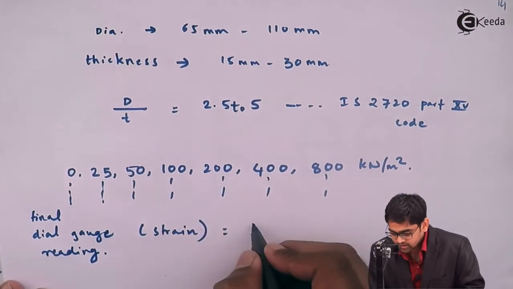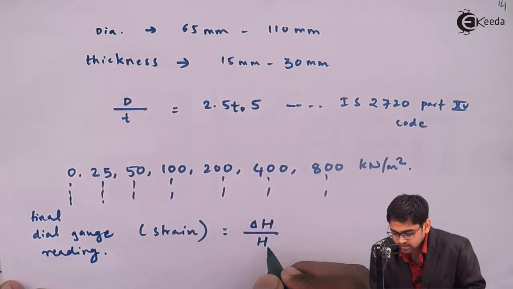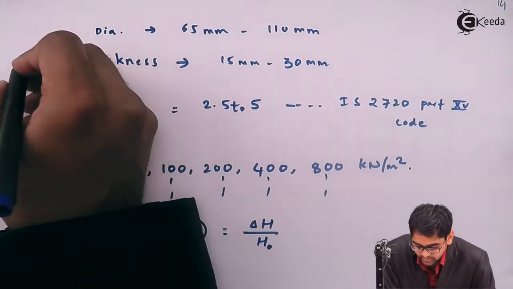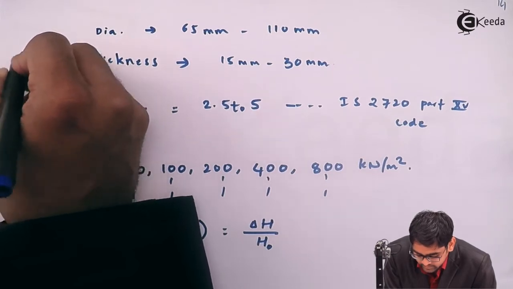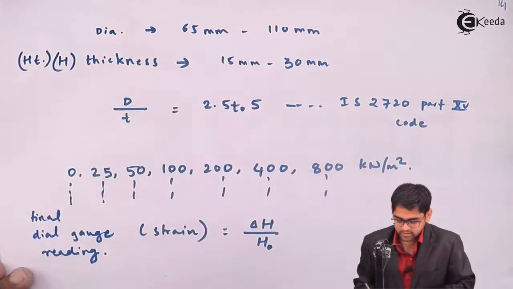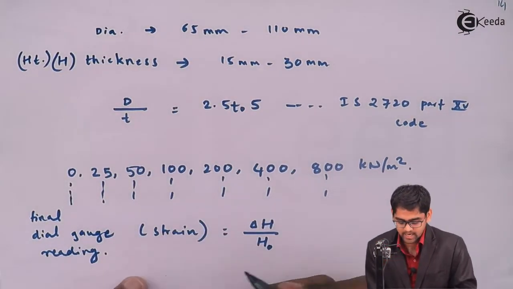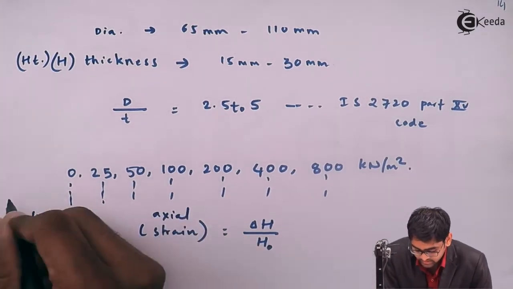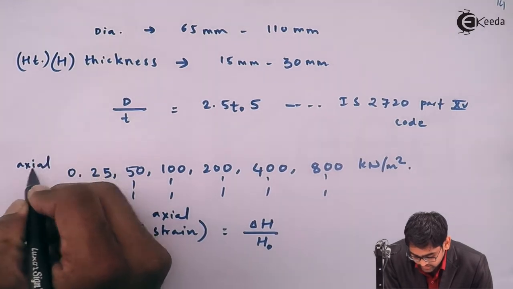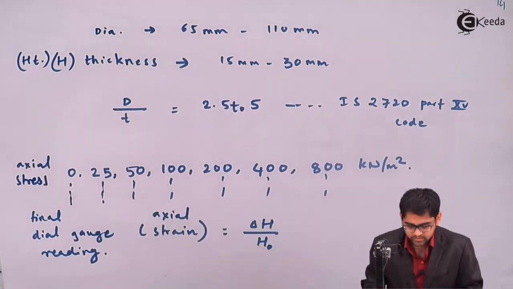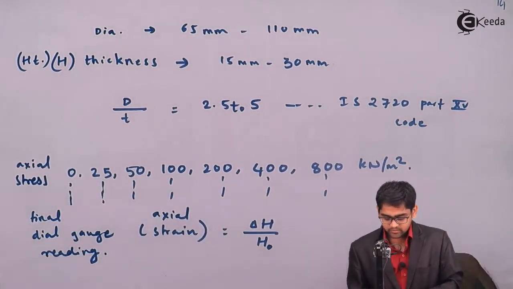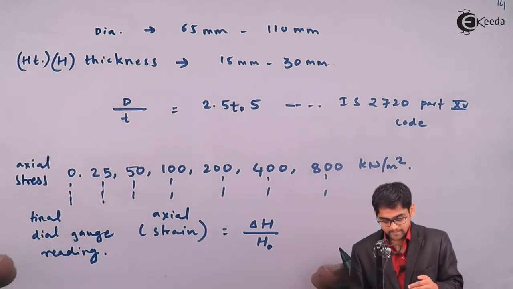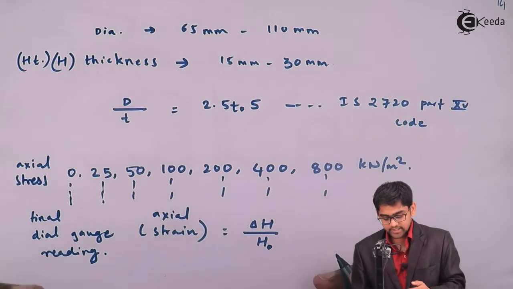Strain is nothing but the decrease in height to the initial or original height h0; height or thickness is one and the same, denoted by h. So this is the axial strain versus axial stress response you will get. This test is very famous. You will be getting the strain values or the dial gauge reading after each increment of the load.